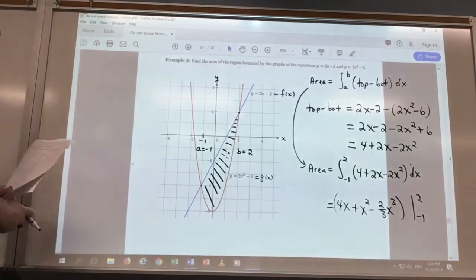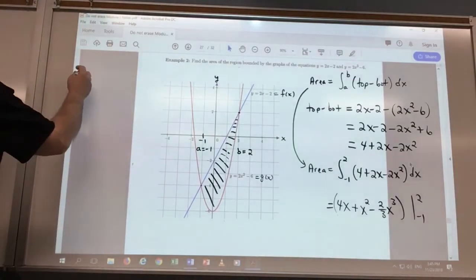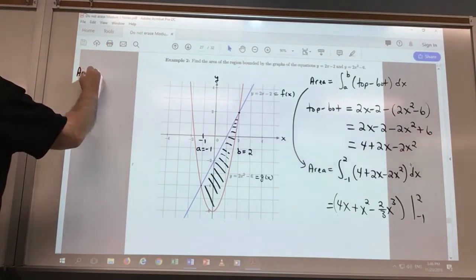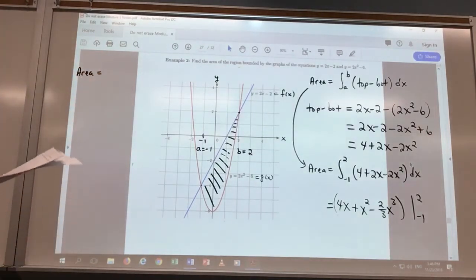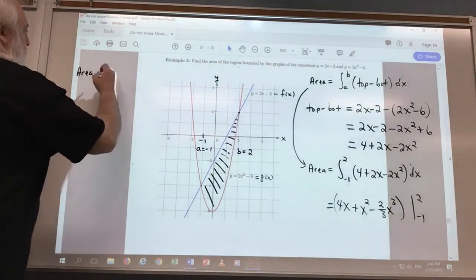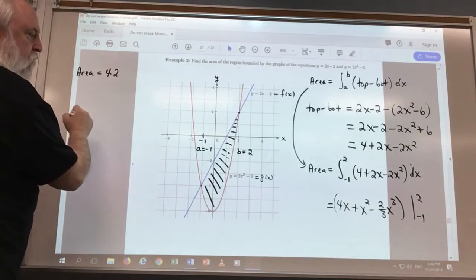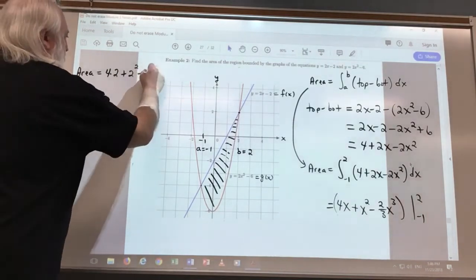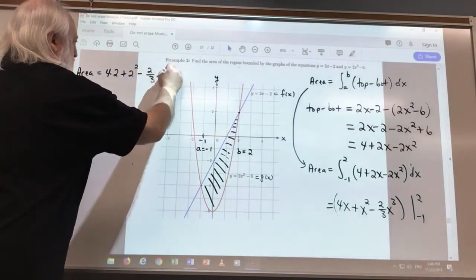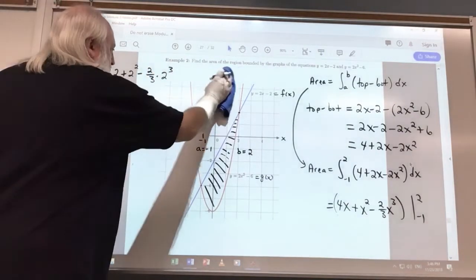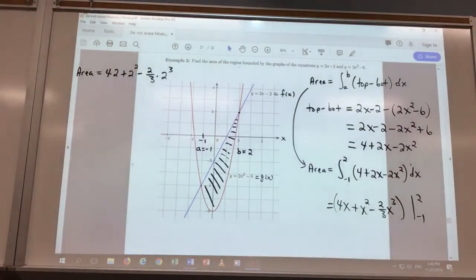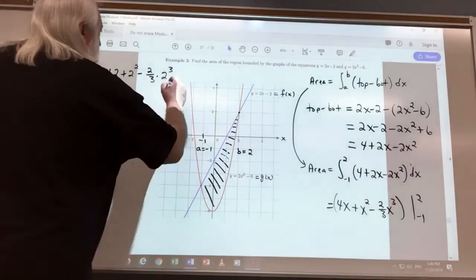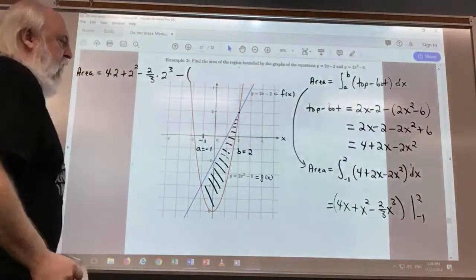Now, to find the area shaded in black, we put in the upper limit of integration, 2, and we have 4 times 2 plus 2 squared minus 2/3 times 2 cubed. Now I have to subtract and put in the lower limit of integration.